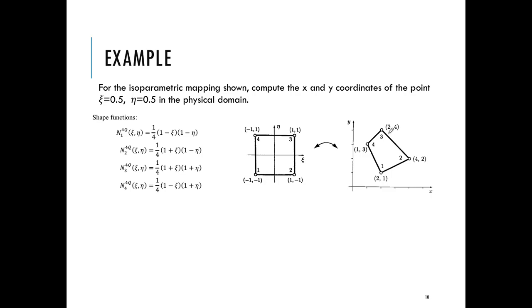What we want to do is find the physical x and y coordinates of the point which corresponds to 0.5, 0.5 on our parent element, a point that lies here. So we want to figure out what physical point this corresponds to.